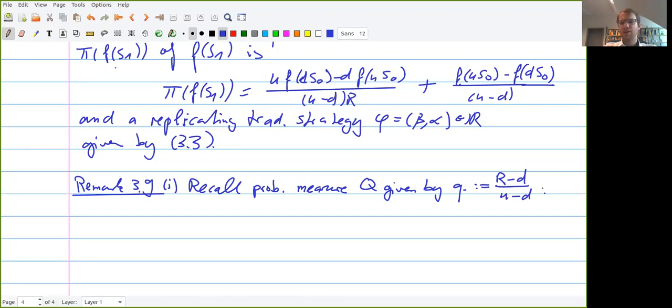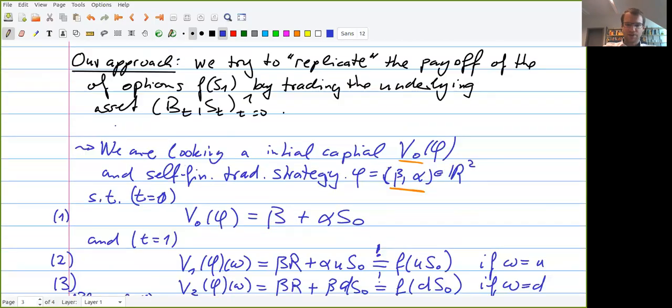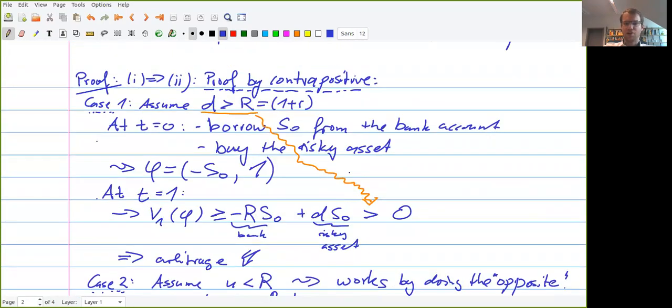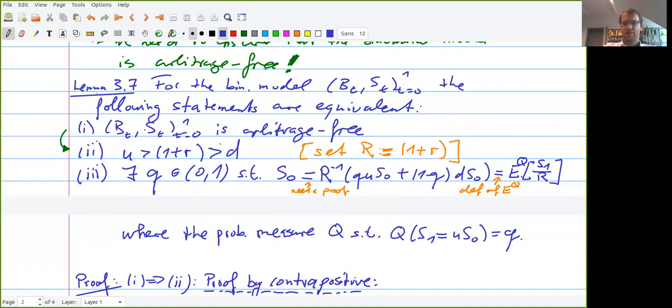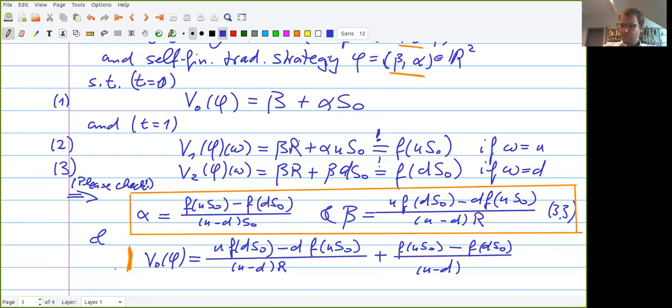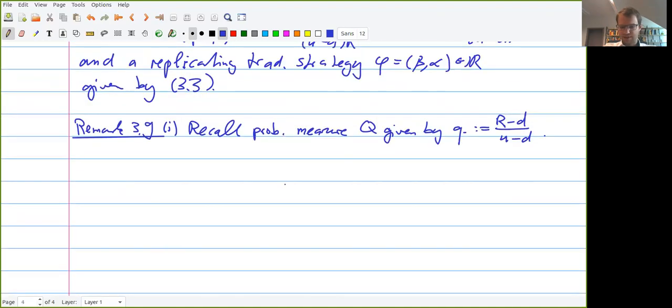Right? So this is the probability measure which we found in this characterization of the arbitrage freeness of the binomial model, here in 3.7, the last property. Okay, so that's the measure.